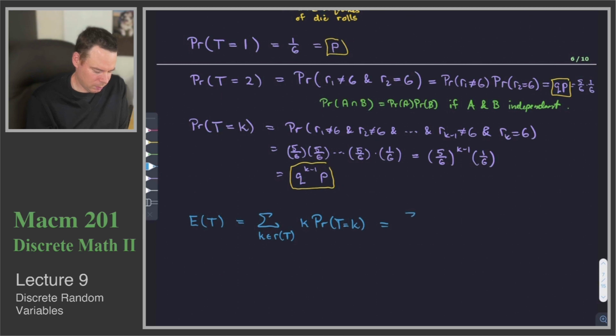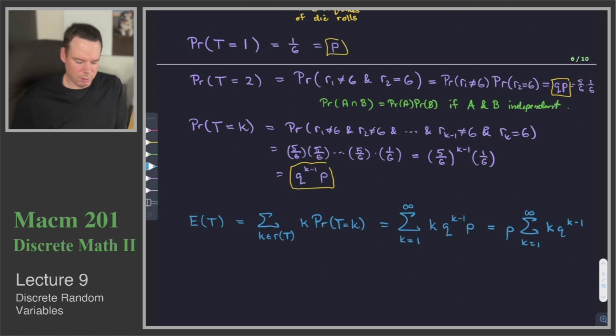This is equal to the sum as k goes from 1 to infinity of k times q to the k minus 1 times p. Oh, but there's a p in all those terms, so I can bring that p out front. So there's my expected value for T. It's p times the sum of k equals 1 to infinity of k times q to the k minus 1.